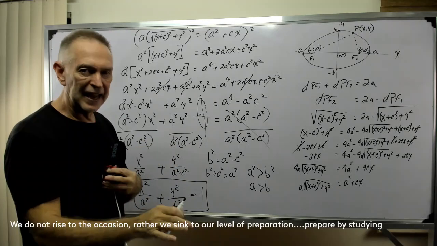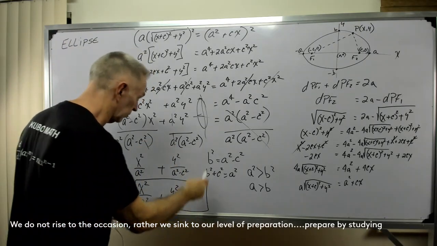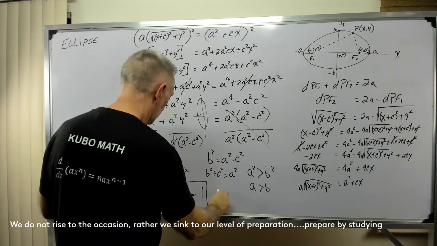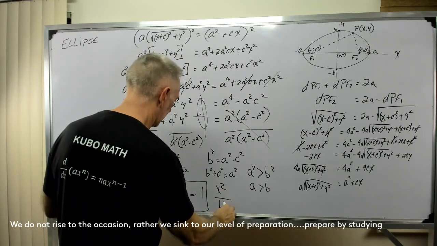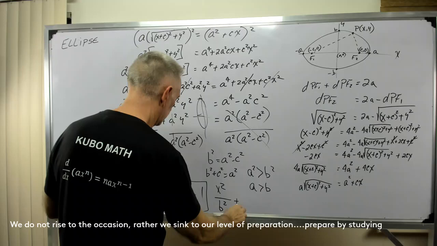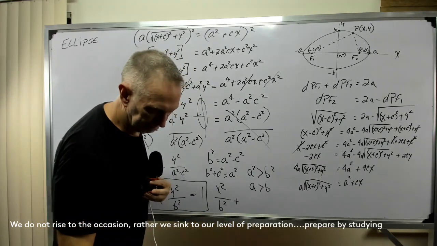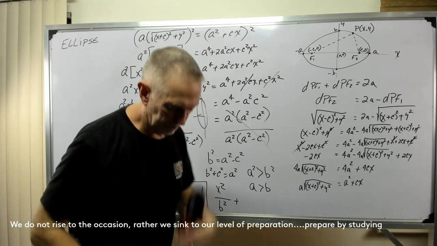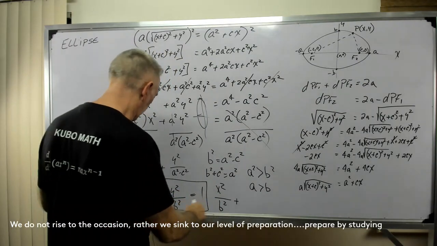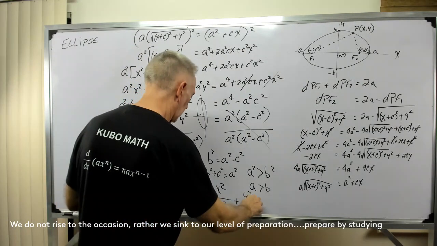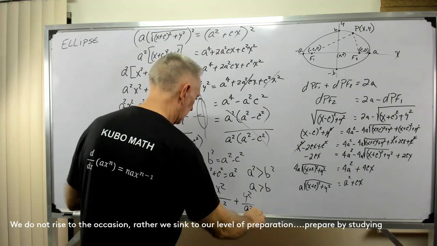Excuse me, a would end up being here. So the formula for this one would look like x squared over b squared plus y squared over a squared equals 1.